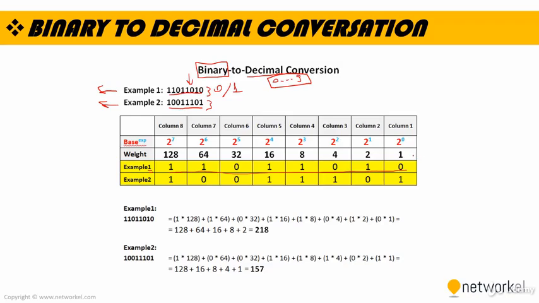The last step, I'm multiplying the numbers and adding them together. For example, 1 is multiplied with 128, 64 with 1, 32 with 0, and I'm adding these numbers together, and here is the decimal value of 11011010. This is 218.